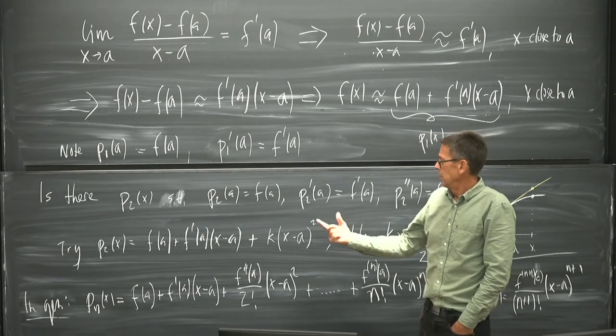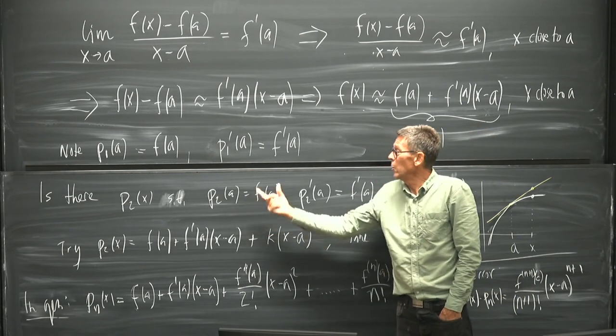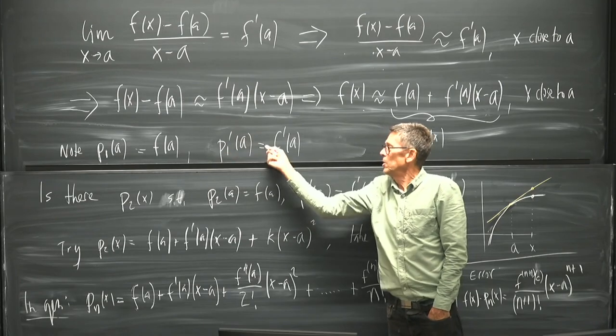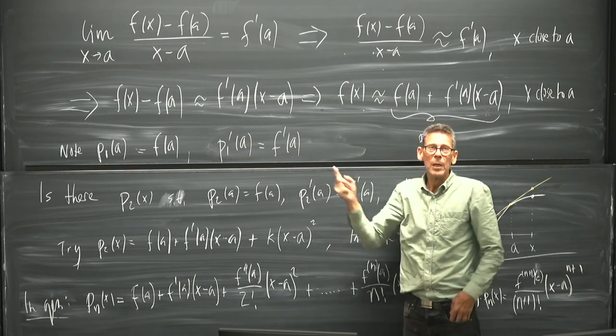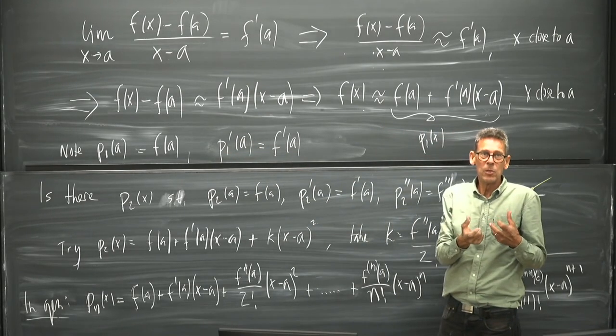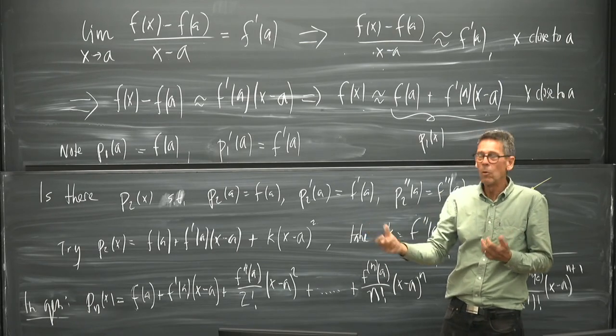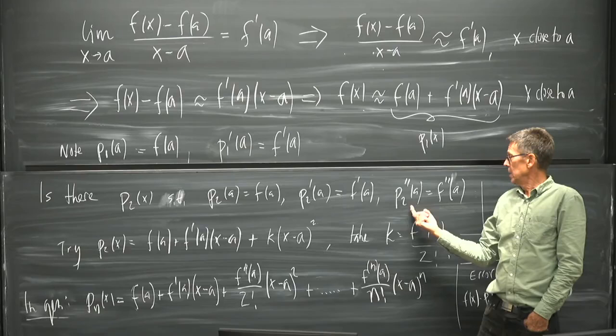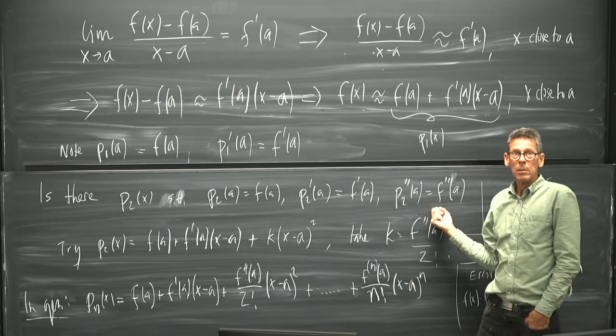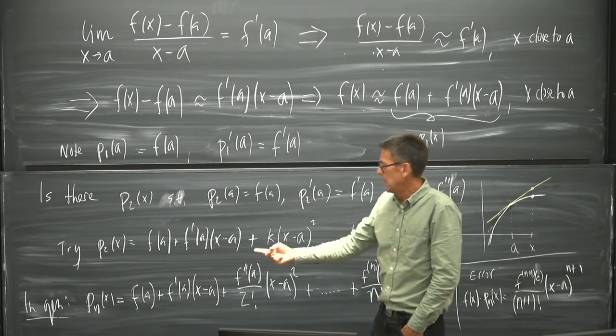Well, since we want to keep these properties of the first order polynomial, why not start from the first order polynomial P1 and add an extra term that also gives us this last condition? So let's try something like this.